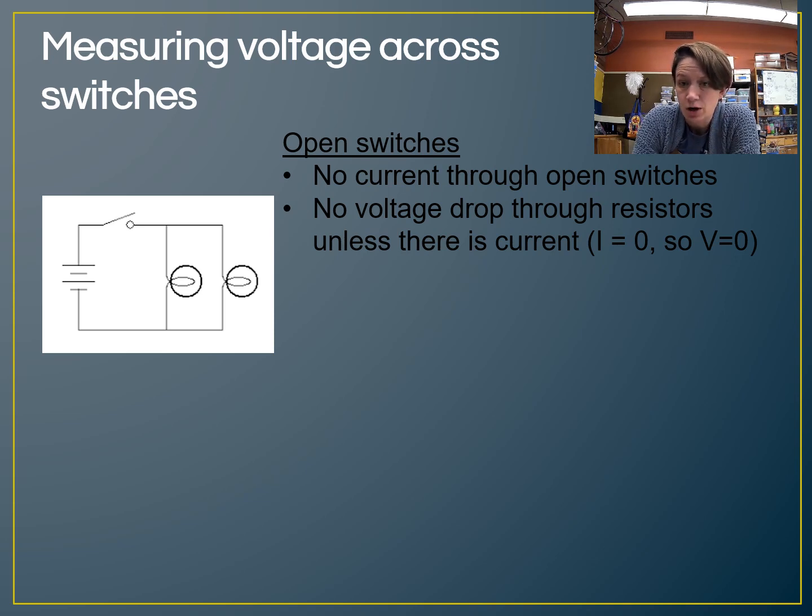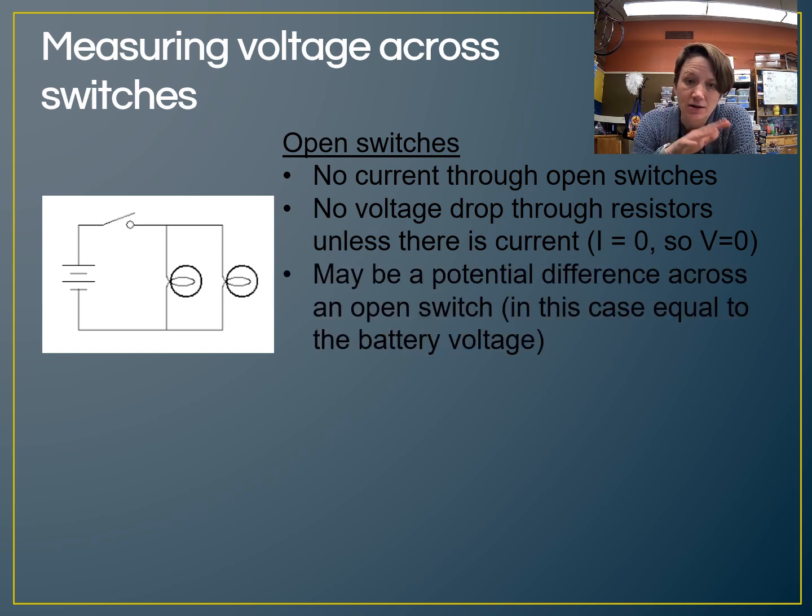There is no voltage drop through any resistor unless there is current. If you think about Ohm's law, if I is 0, R is not 0, R's got a value, but if I is 0, then voltage is also going to be 0. So if you think about that in the context of this circuit, we know the battery has a voltage difference from one side to the other, and none of that energy is used up in the light bulbs.